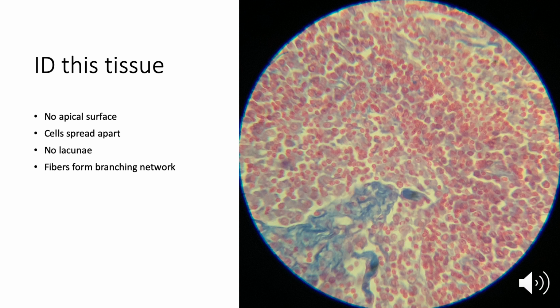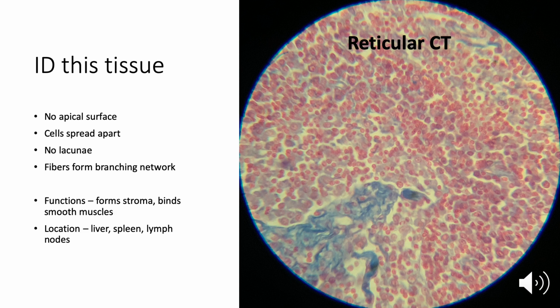So all these blue or sort of dark blue, almost sometimes purplish fibers, those are forming this branching network, and our branching network is reticular. Reticular connective tissue forms stroma and binds smooth muscles together. It's found in the liver, the spleen, and the lymph nodes, and it's filled with reticular fibers.